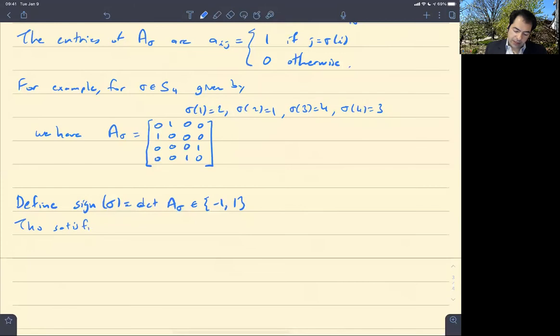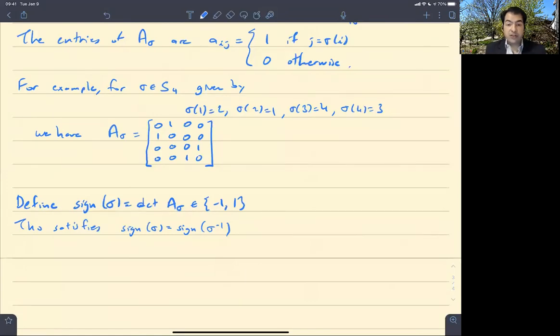This sign satisfies two nice properties. The sign of a permutation is equal to the sign of the inverse permutation, right? It makes sense to talk about the inverse because a permutation is just a function from the set 1 through n to the set 1 through n. So it makes perfectly good sense to talk about the inverse of that function.